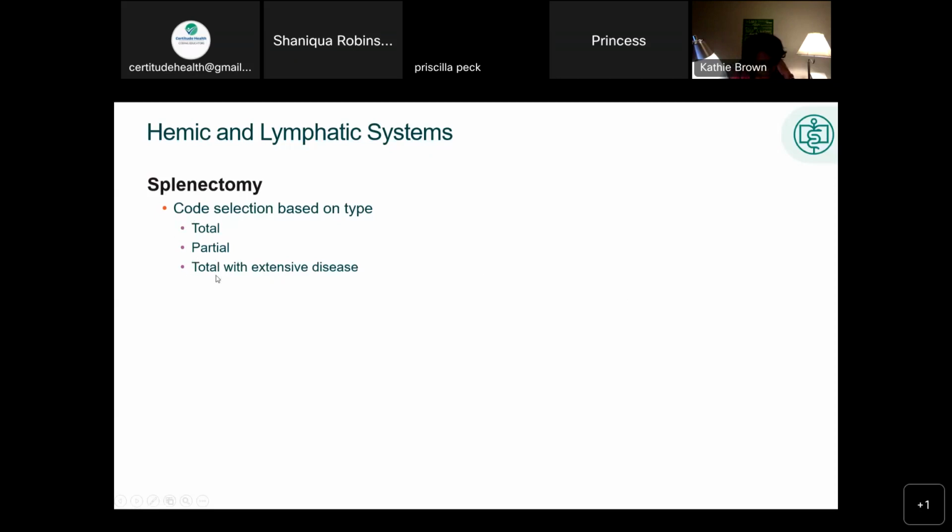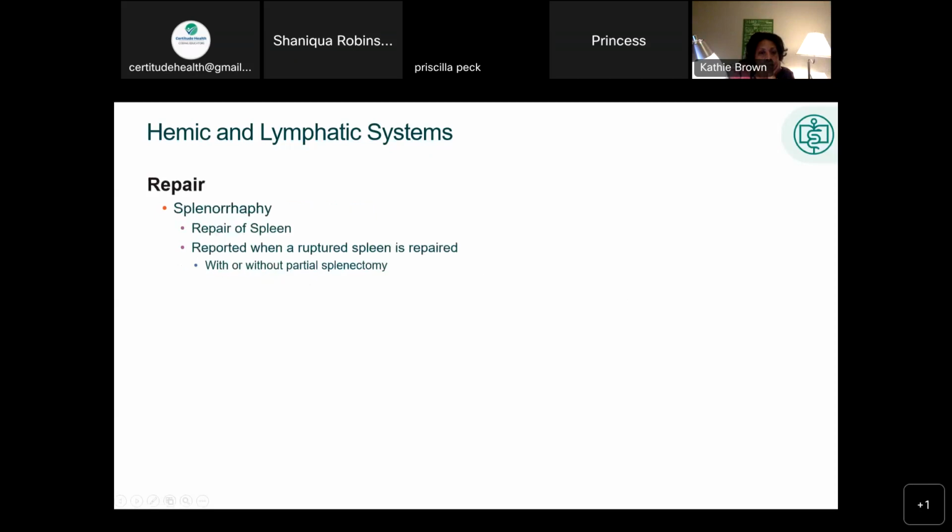Or they can do a total with extensive disease, like if the person has cancer or something like that, then they'll just totally remove it versus trying to keep a portion of it. A splenorrhaphy is if the spleen is ruptured, again due to trauma, and they want to repair it, they can just sew it back together.